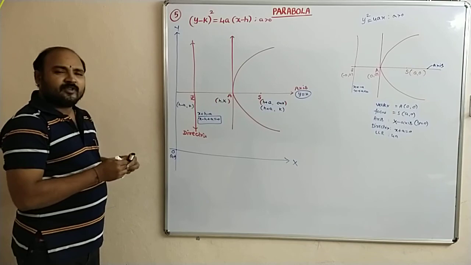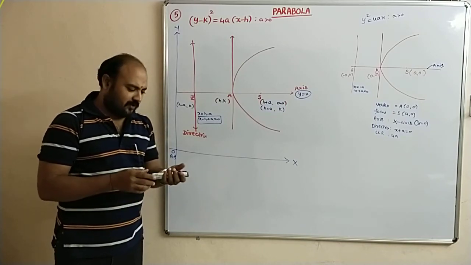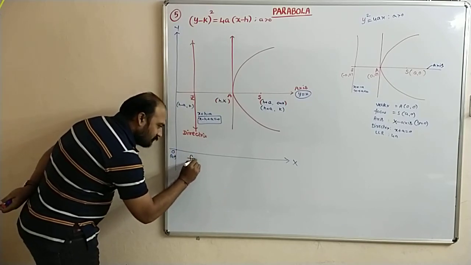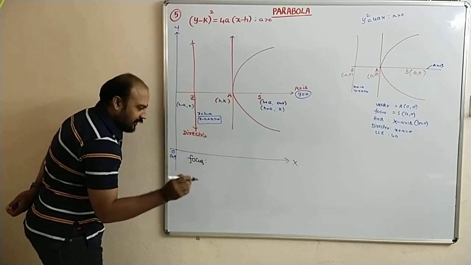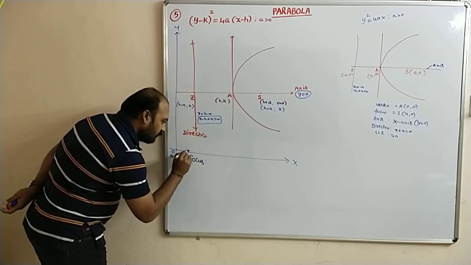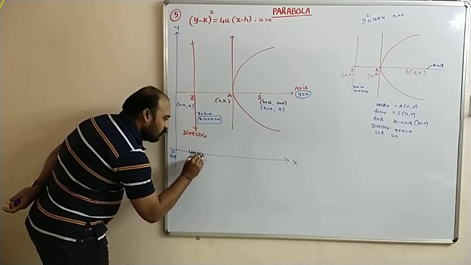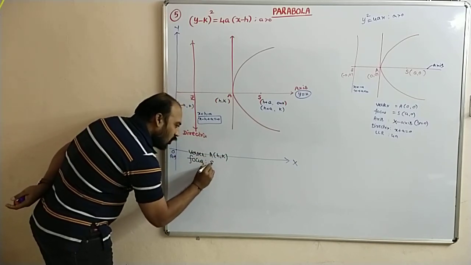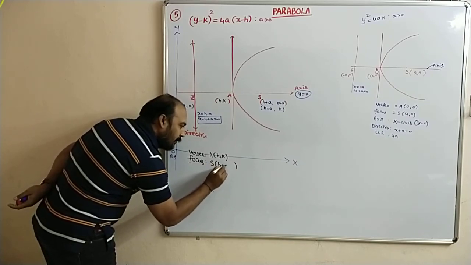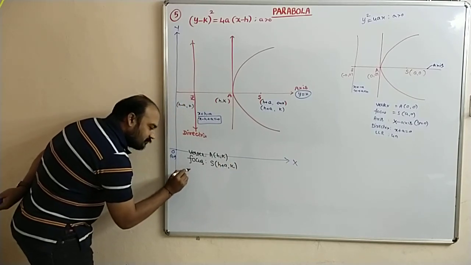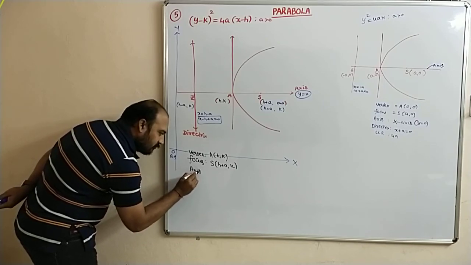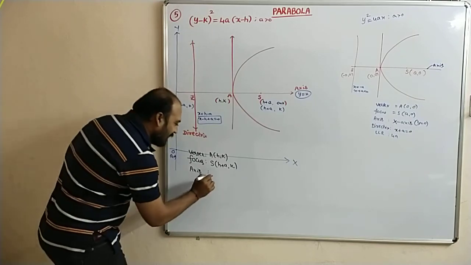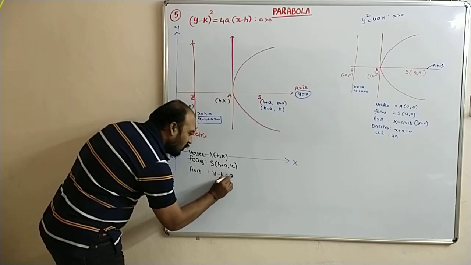So one by one we will write it. The length of latus rectum won't change anything, because it is constant. Vertex of this parabola is A of h comma k. Focus S is h plus a comma k. And the axis of the parabola is y minus k equal to 0.